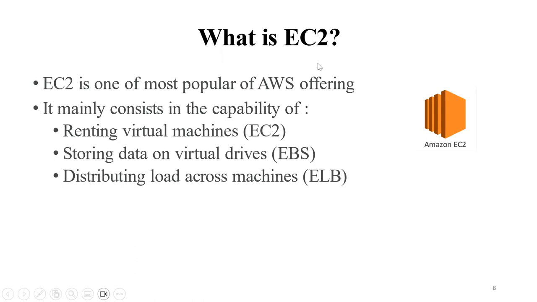Yes, with EC2 in the compute service, one more offering we have is the load balancer. In normal on-premises setups, we say F5 or Cisco load balancers. But AWS itself offers a load balancer in EC2 to distribute the load between multiple machines.